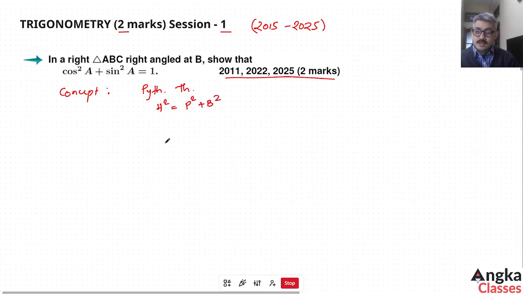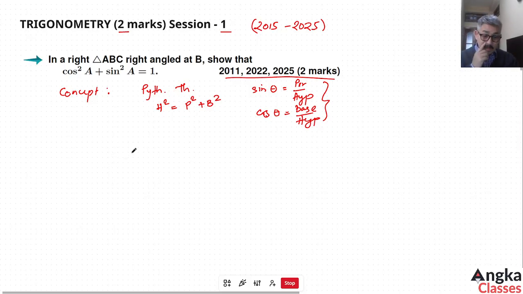Also, sin theta is perpendicular by hypotenuse, and cos theta is base by hypotenuse. That is the concept. Okay, so let us start with the solution.